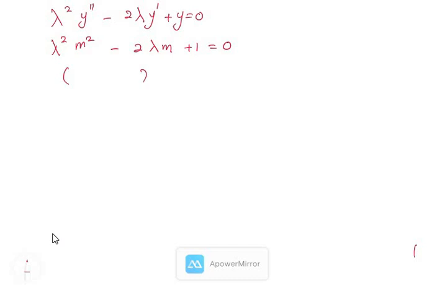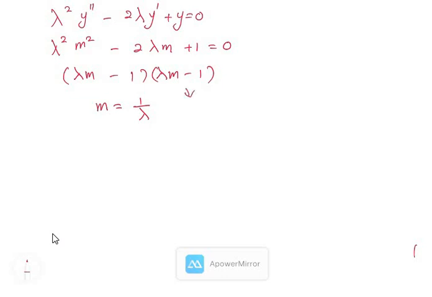So this one you can factorize. The lambda is actually a constant. So lambda m and lambda m, 1 and 1, negative, negative, positive, so positive 1. From here, you can know that m is equal to 1 over lambda.